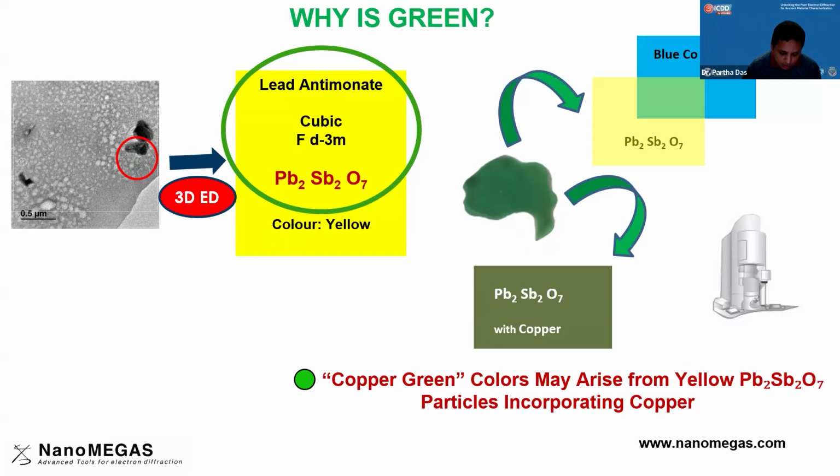Basically, cobalt gives a blue color and lead antimonate is yellow, so the mix of these can be green. The second option could be copper incorporation in the lead antimonate structure, like pyrochlore phases, which may alter its color, creating a copper green. There are some references in the literature for this type of copper green.